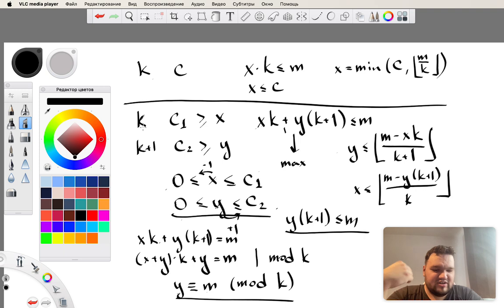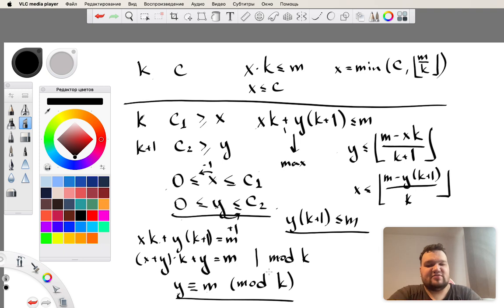Then we try two types that are consecutive and their values just different by one. And we try x to be c1, find corresponding y, and update the answer. We try y to be c2, find corresponding x, update the answer.